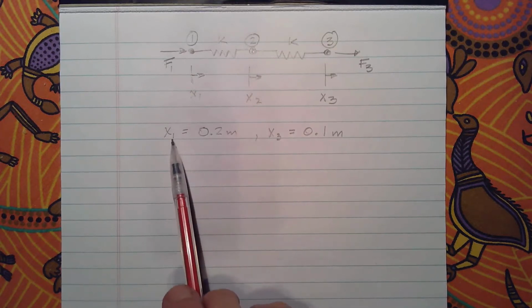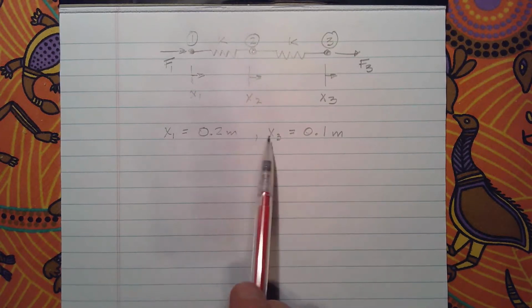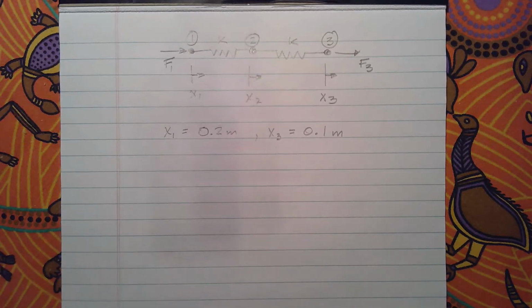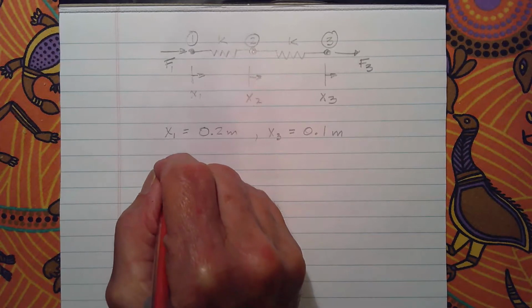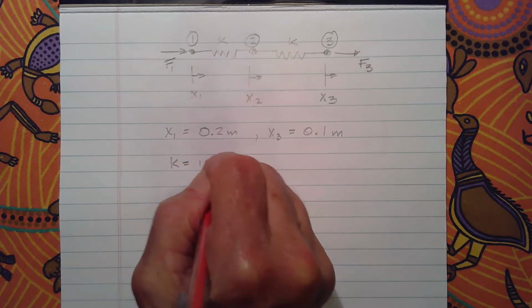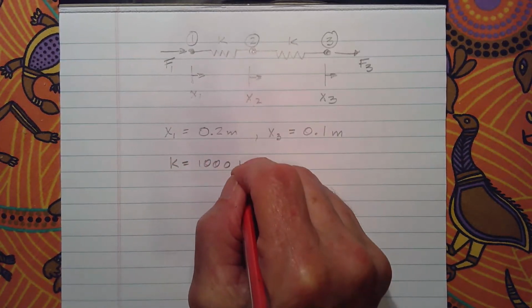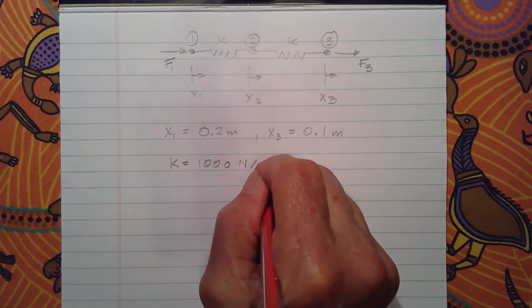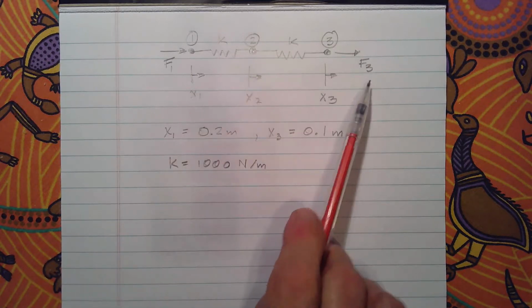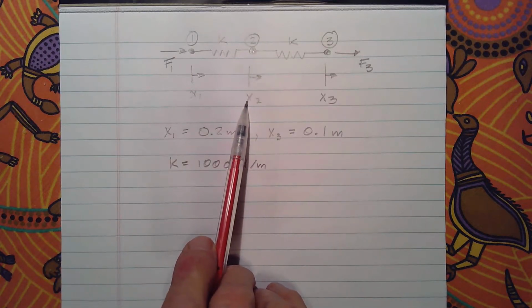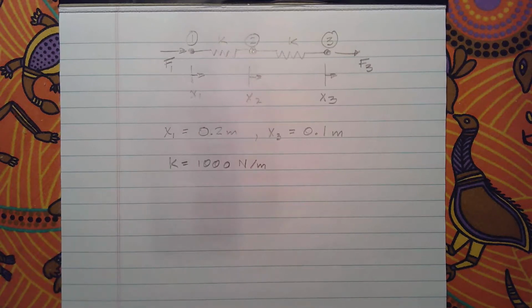It's given at x1 and x3, but we need to figure out what it's going to be at x2. We'll continue with k equal to 1,000 newtons per meter, like we did before. So we're trying to find the things that we don't know: the reactions at the ends, and the nodal displacement of x2.